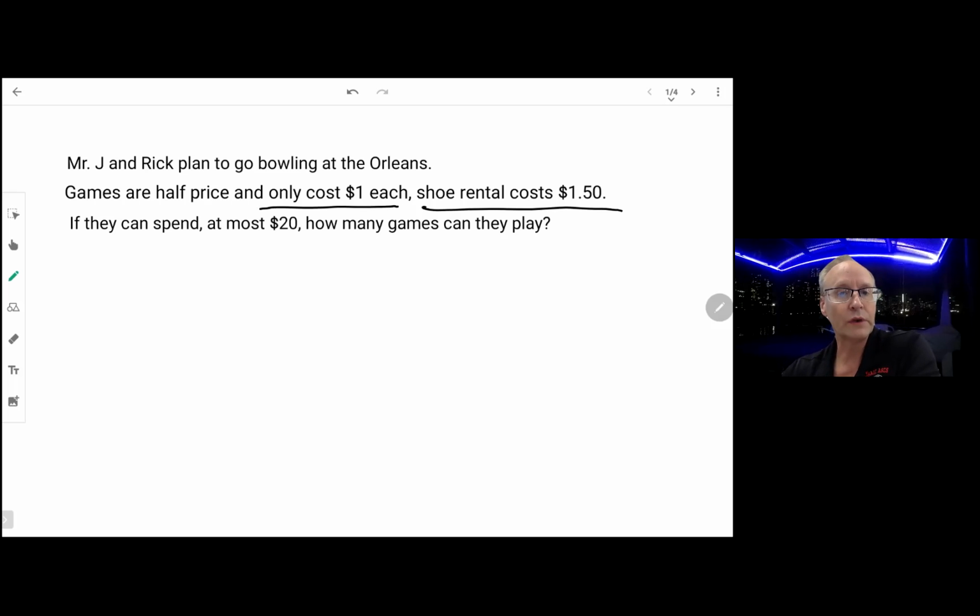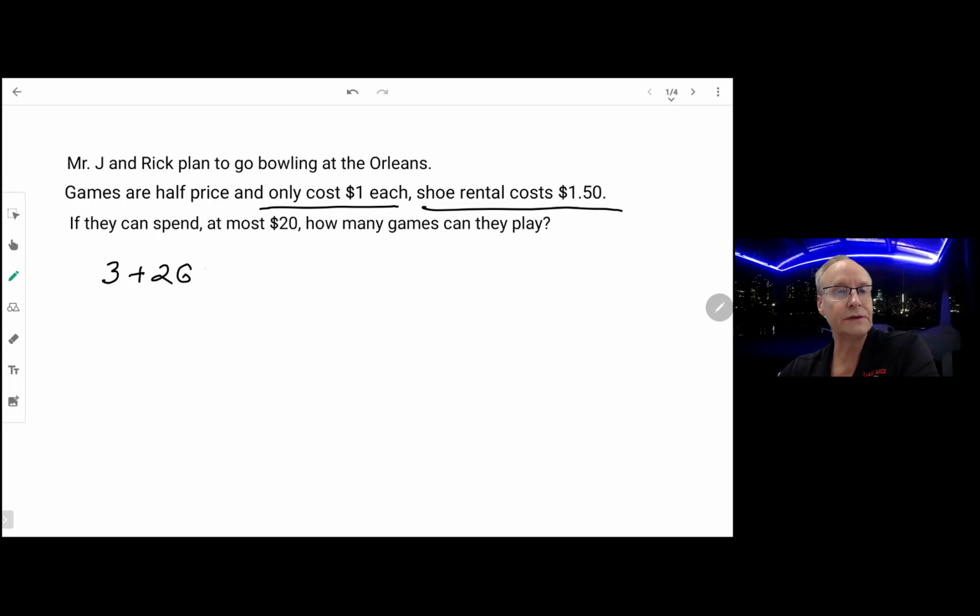So we're going to set this up as follows. The $3 is the cost for renting the 2 pairs of shoes for myself and Rick. Then we are going to spend $2 for every game we play because we're both going to play the game.